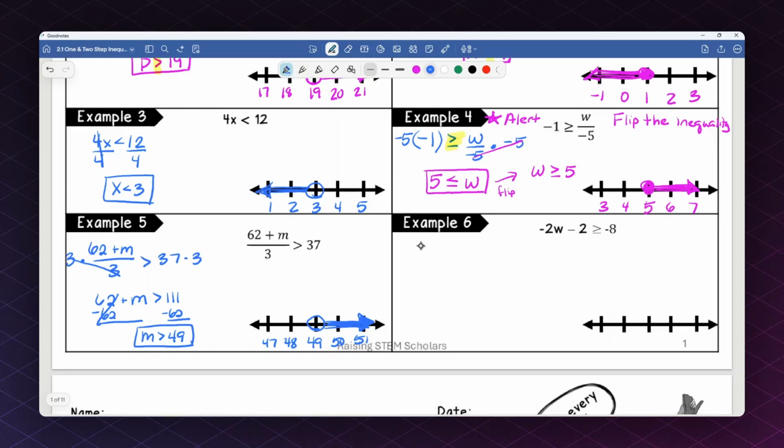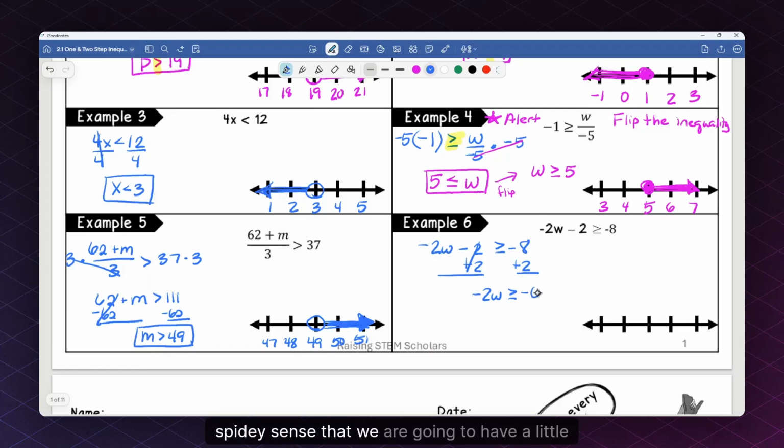So we have negative 2w minus 2 is greater than or equal to negative 8. I'm going to add my 2 to both sides. I get negative 2w, and I'm already having a little bit of a spidey sense that we are going to have a little alert here. Let's go ahead and write alert.